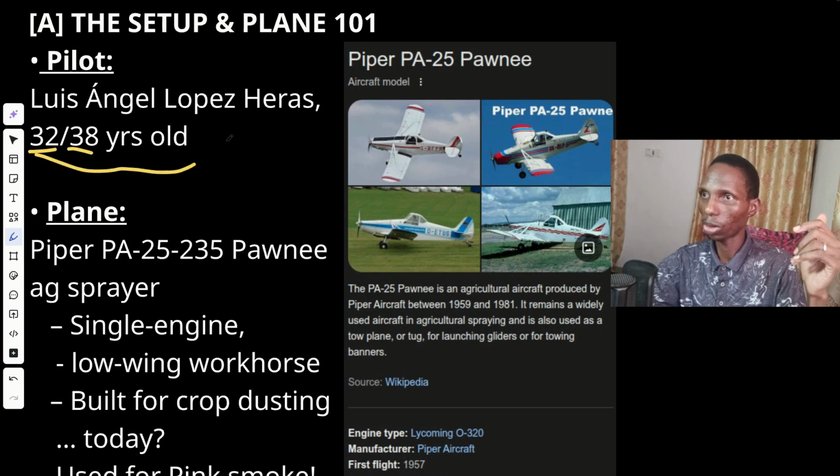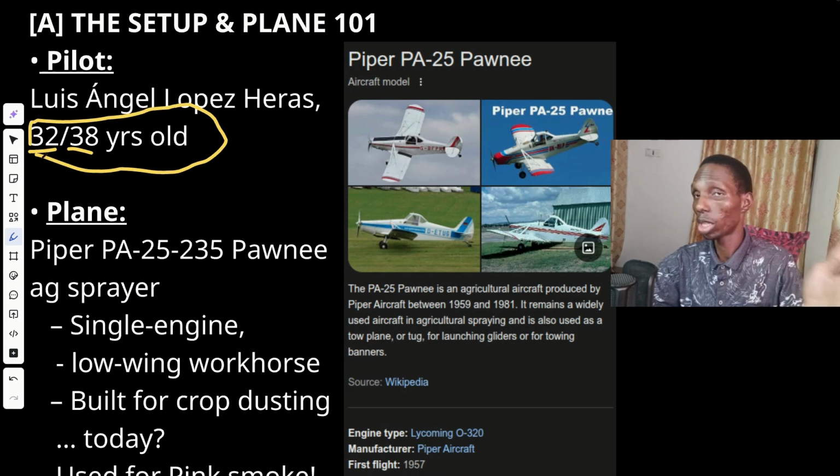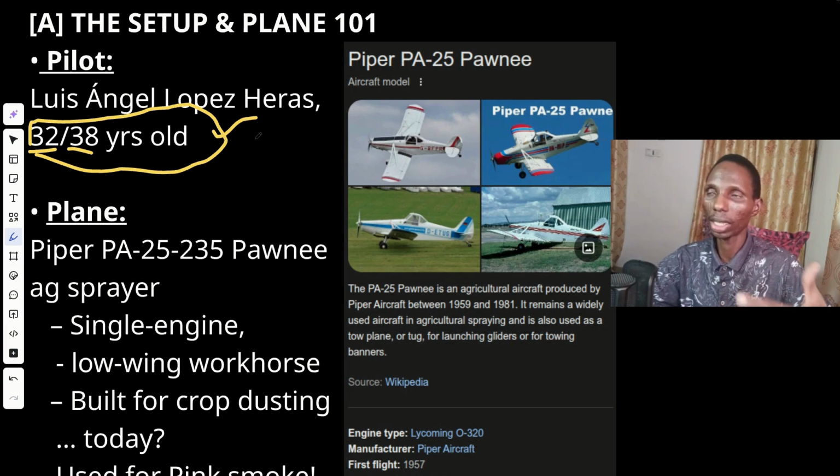So I decided to put the two for you guys: it's between 32 and 38 years old. And now let's talk about the plane. If this were the FAA or NTSB, they would have requested the pilot's records. Even if the pilot is dead, they will get the flight hours to know how experienced the pilot was. But since this is just public footage, all those details are not out.